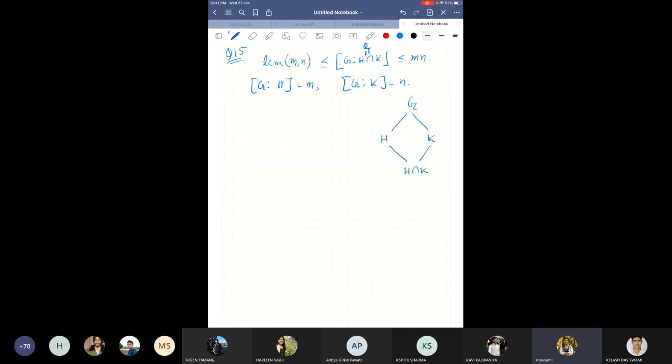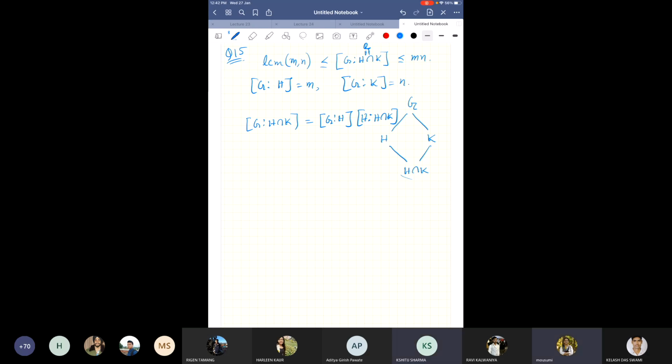So H intersection K is a subgroup of H as well as a subgroup of K, isn't it? Now if I consider this chain of subgroups, then by the previous exercise this is nothing but G colon H times H colon H intersection K. Correct?